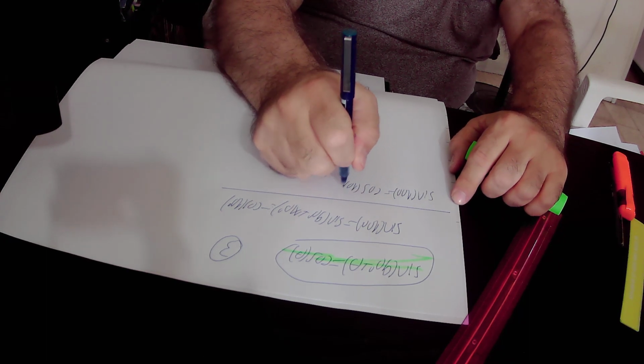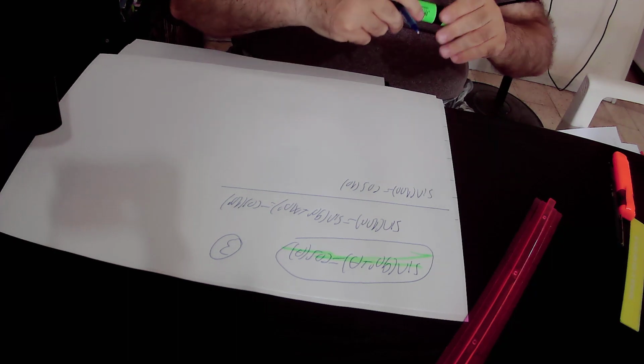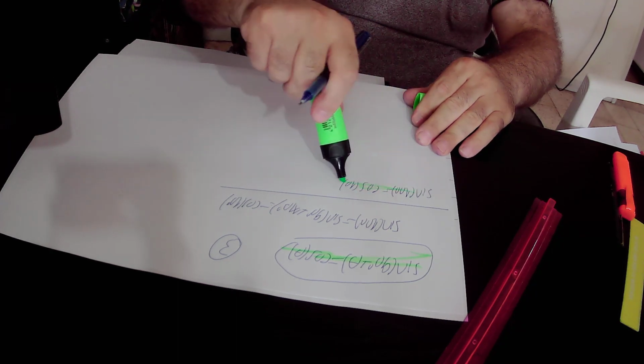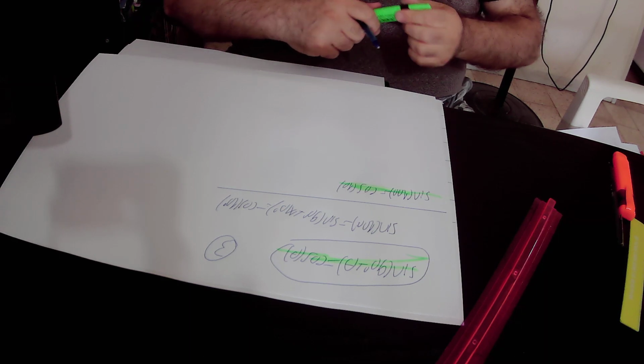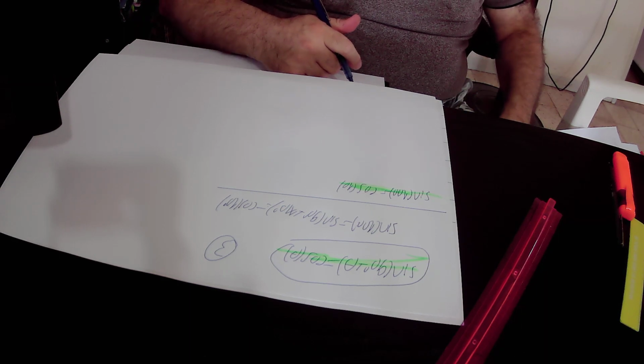You can also substitute sine 100 degrees for cosine 10 degrees in equation number 2, and you also substitute sine 40 degrees by 2 times sine 20 degrees times cosine 20 degrees.